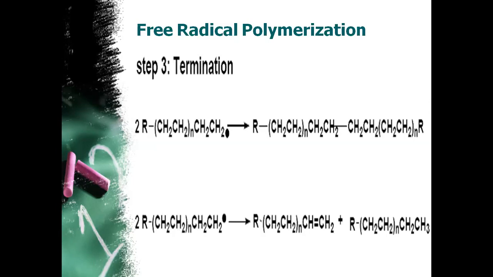The termination is either carried out by simple combination of two active sites, which is known as combination itself, or by the reaction of two active sites leading to the formation of two different types of molecules. In this case, one molecule formed is an alkene, which contains a double bond, and the other is an alkane.